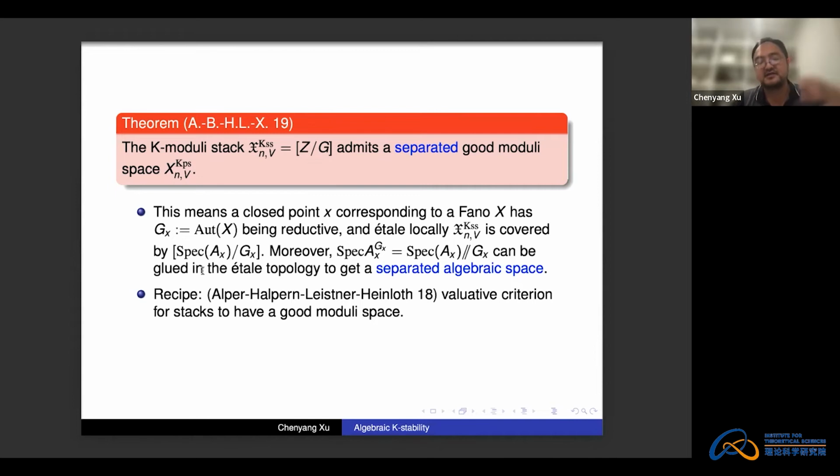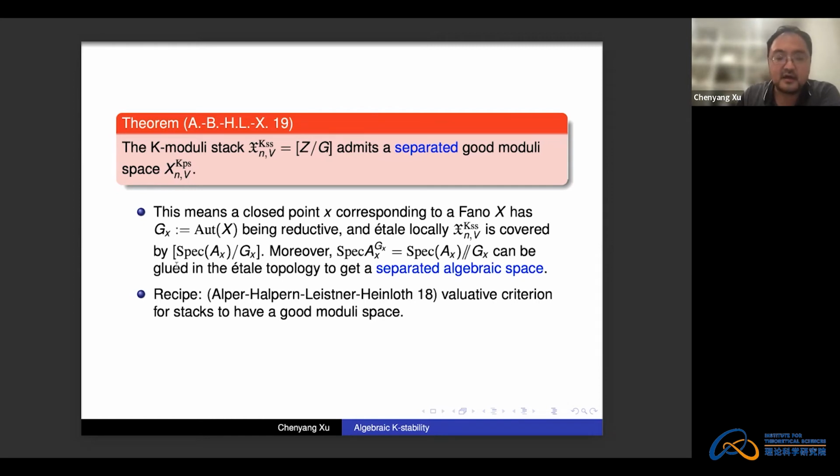So in other words, the good moduli space locally is just the stack quotient by the reductive group on an affine variety, going to the invariant function ring. So there is nothing fancy about it, but this thing has many good properties, and this is just local. To get a good moduli space, there is also some global condition on how you can glue everything together locally. But in our case, we actually get a separated good moduli space.